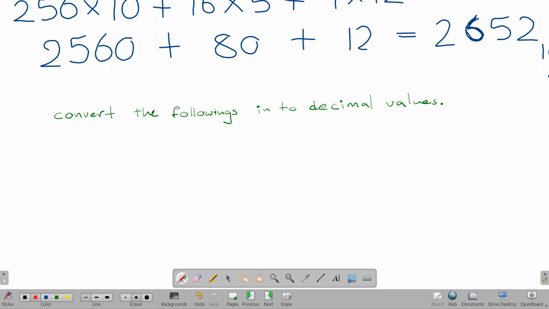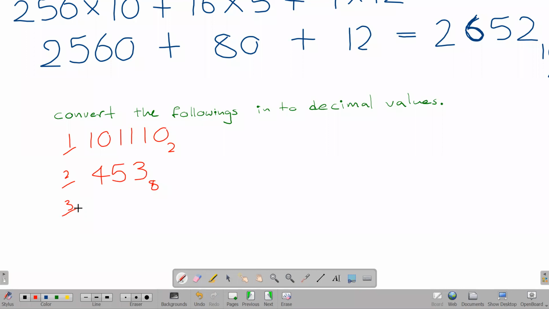So here we go. The first one is 1011110 in binary. Second one, 453 in octal.